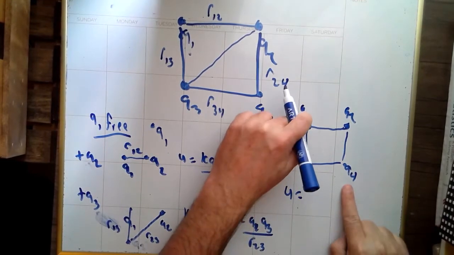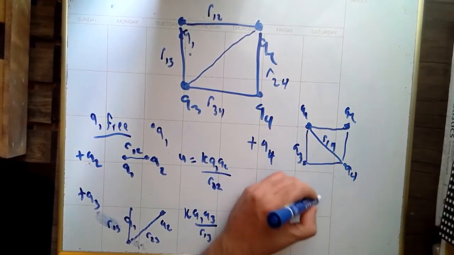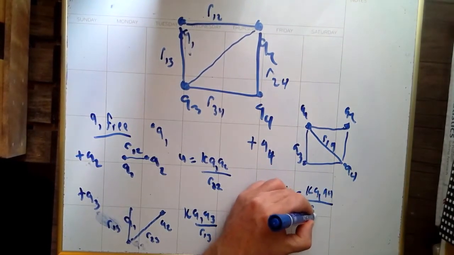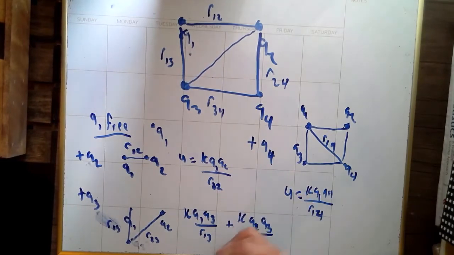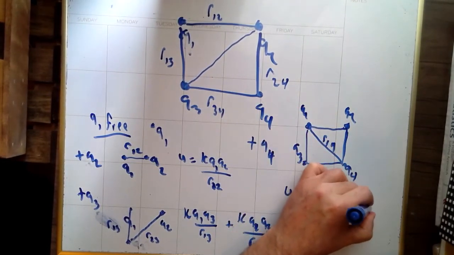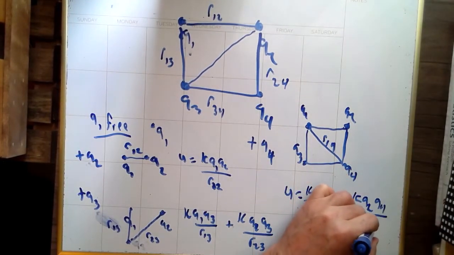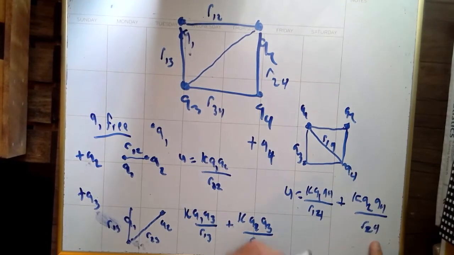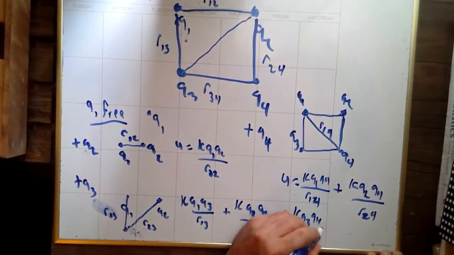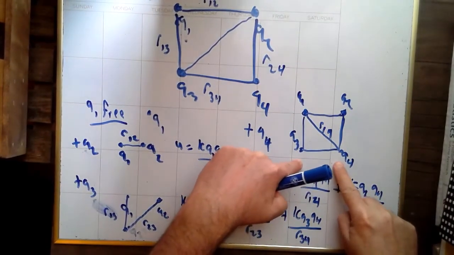Well, that would be Q1 to Q4, so I would need to find this distance. k Q1 Q4 over the distance from 1 to 4. Plus everybody that's already there, 2 and 4, over their distance, the distance between 2 and 4. Plus k Q3 Q4 over their distance. That would be this side down here.